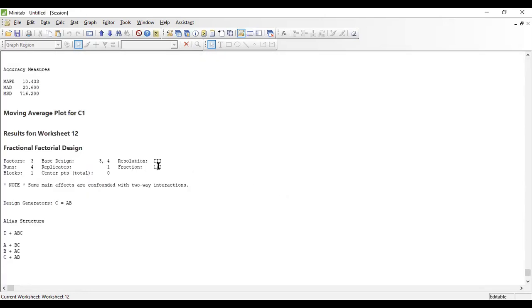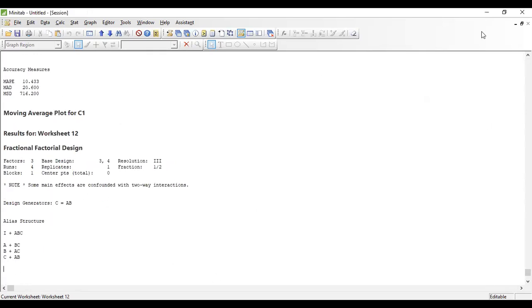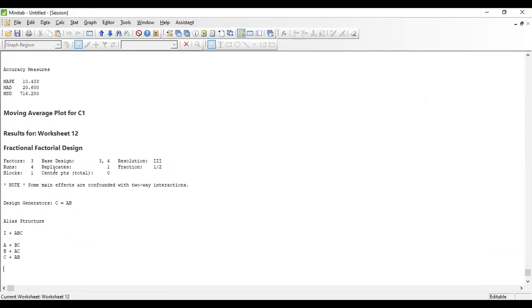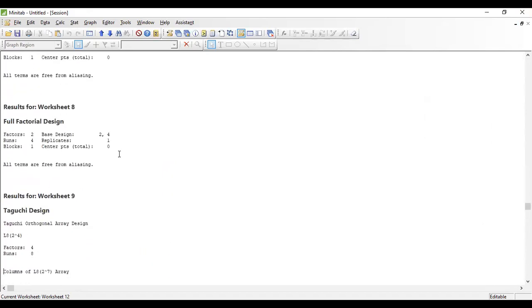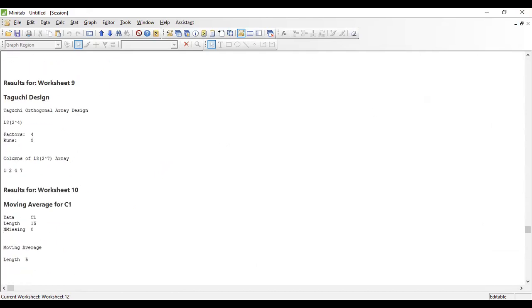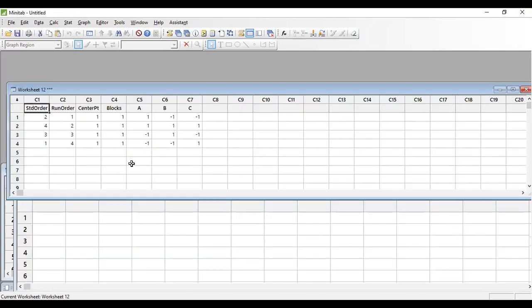Then you can get it. Likewise, here you can see how to design it: how many factors, how many runs, how many blocks, and interactions you can see. You can do it here.